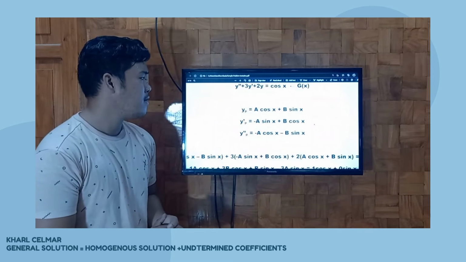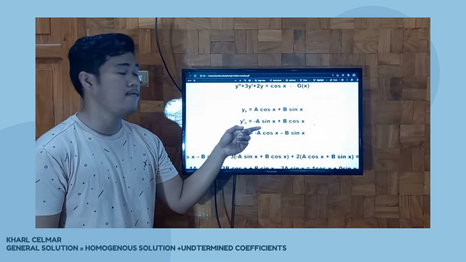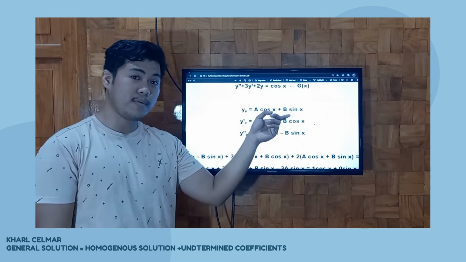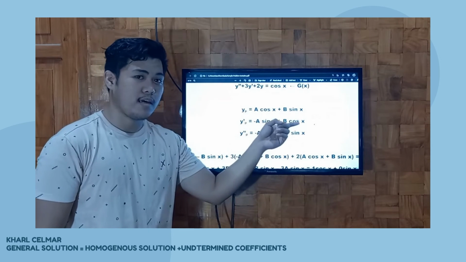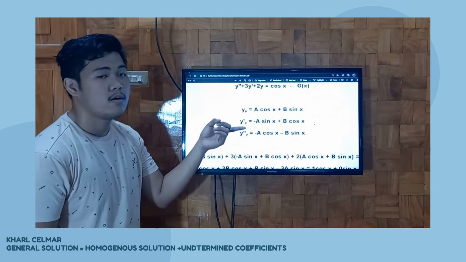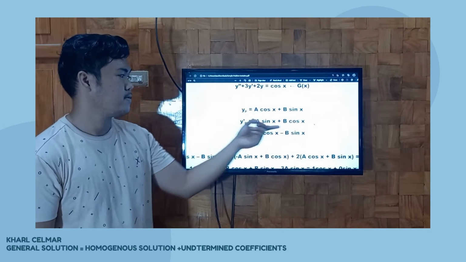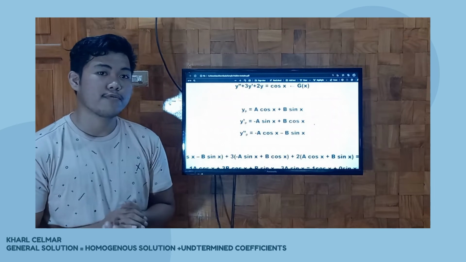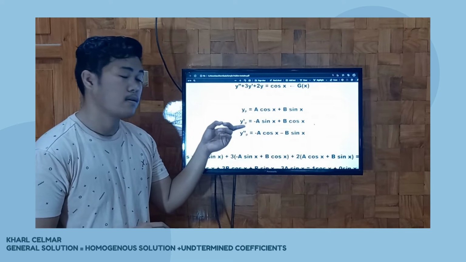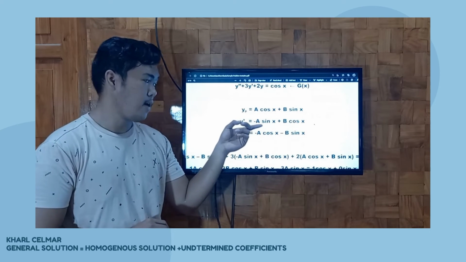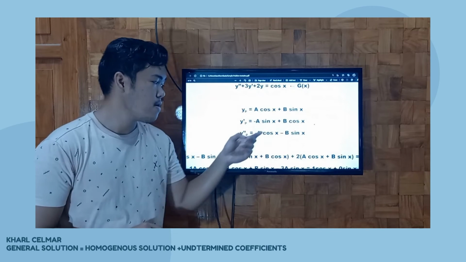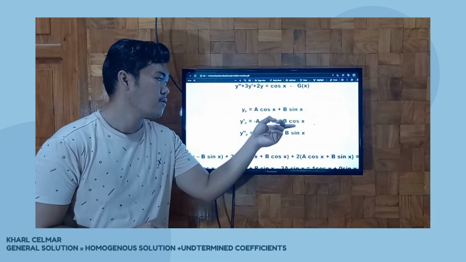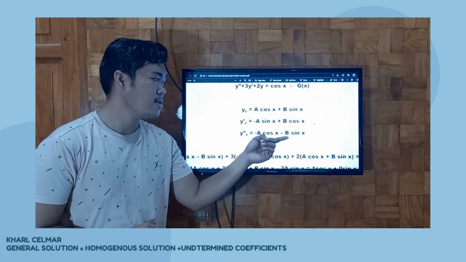The derivative of a cosine x is negative a sine x, plus the derivative of b sine x, which is b cosine x. So we have y prime. For the double prime, we find the derivative of y prime. The derivative of negative a sine x is negative a cosine x, and the derivative of b cosine x is negative b sine x.